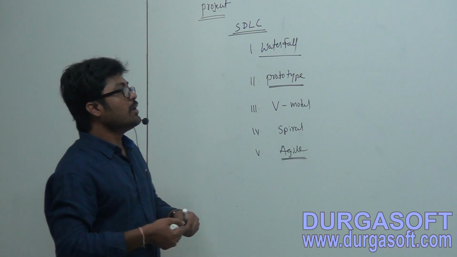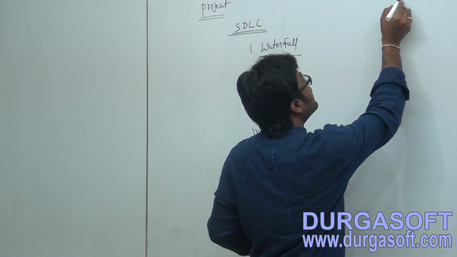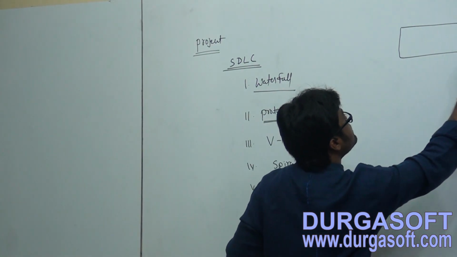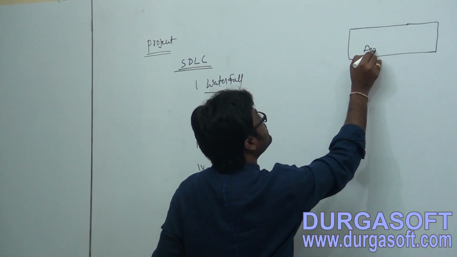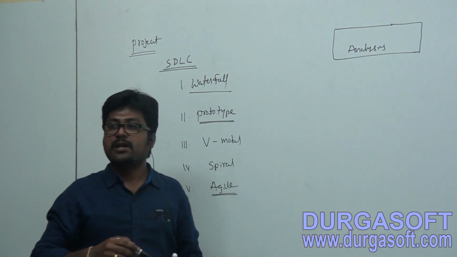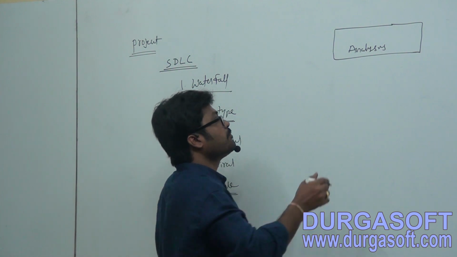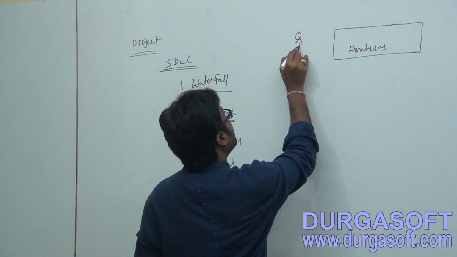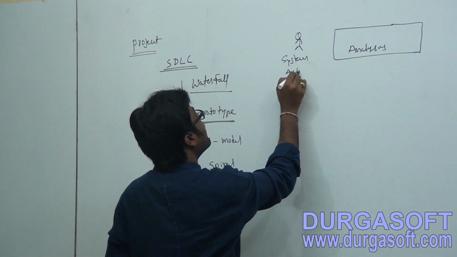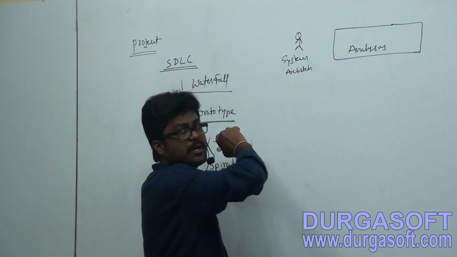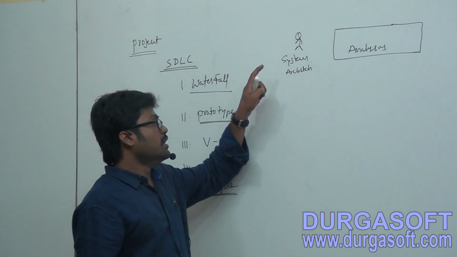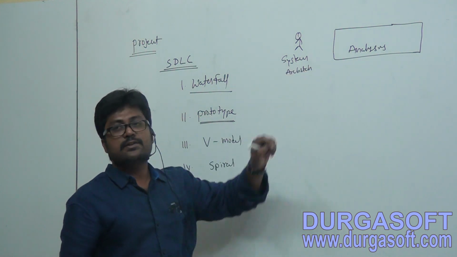In the case of waterfall, how does the life cycle start? First we need to start the analysis. Which analysis do we need to do here? System analysis, requirement analysis. Who will do this? The system architect will do this. After completion of business, we no need to interact with the BA again. So the system architect will do the analysis.